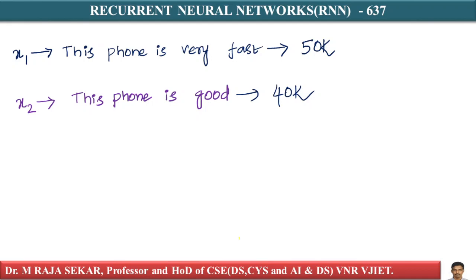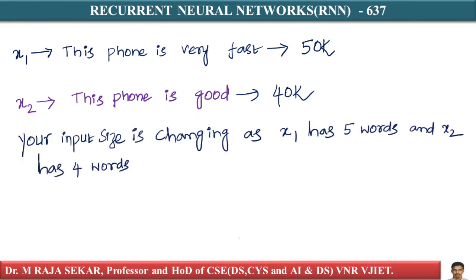Let me assume there is one more review, x3. x1 has 5 words, x2 has 4 words, and let me assume the third one has 20 words. This is the key problem here.